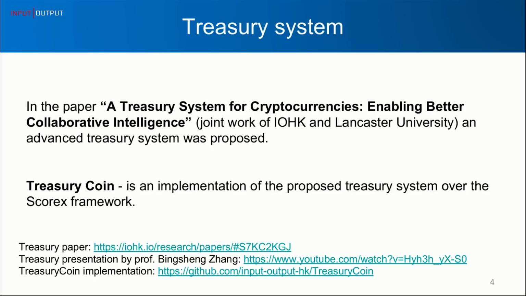By the way, there is a very good presentation of the treasury made by Professor Bingsheng Zhang, and it's available on YouTube. If you want to know more details about the system, you can also check this whiteboard session. Moreover, to support and verify the theoretical results, we implemented the proposed treasury system over an existing blockchain platform. The prototype is named Treasury Coin.